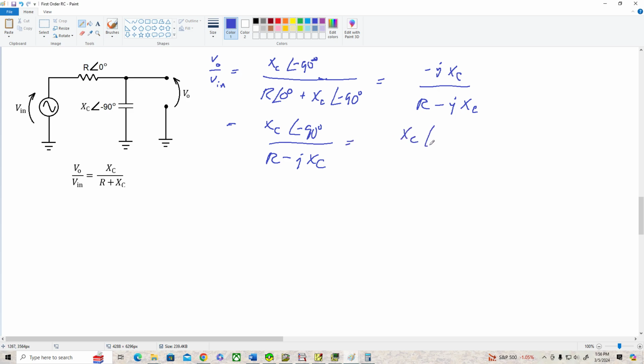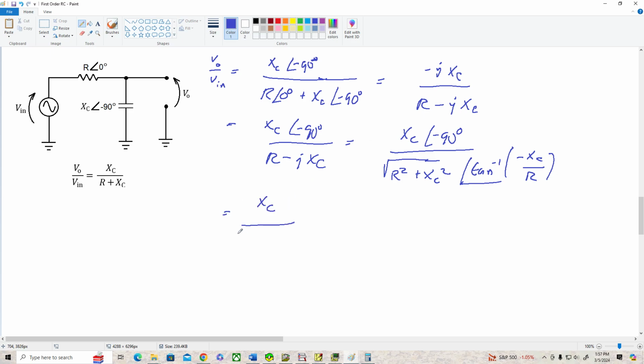So I have X sub C at an angle of negative 90 divided by the square root of R squared plus X sub C squared at a phase angle of the arctangent of negative X sub C over R. Okay, now I'm going to separate out the magnitude, which is just X sub C over the square root of R squared plus X sub C squared.